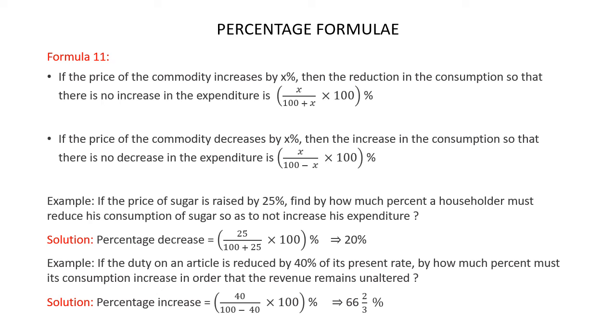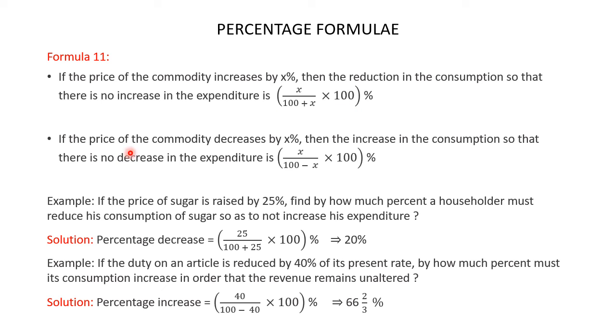So if the price of a commodity increases, then there has to be a reduction in the consumption of the commodity so that the expenditure remains constant. Now the percentage decrease in consumption is calculated using this formula.